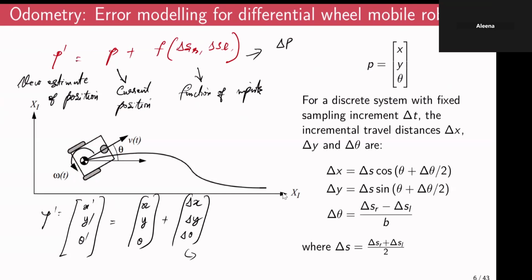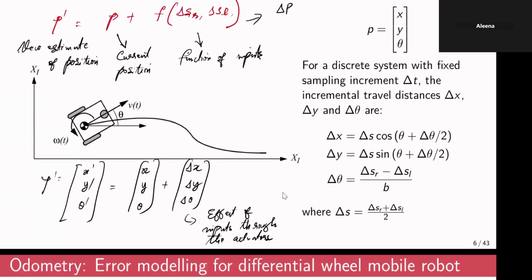So this is due to the effect of inputs through the actuators. Right. So let's see what this delta x, delta y, and delta theta are.